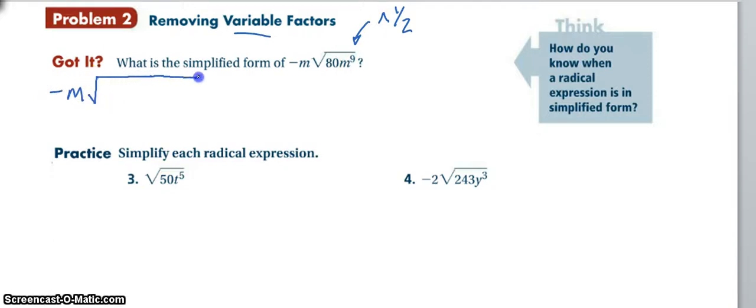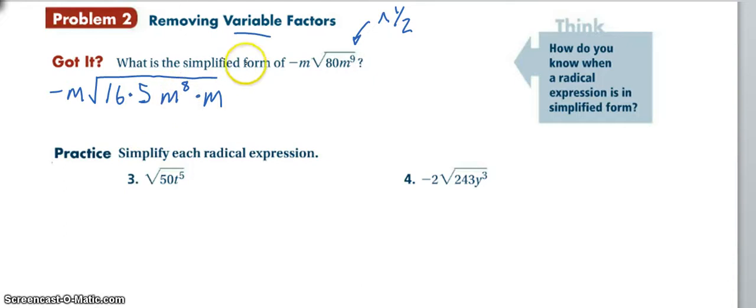Can we break that up into two factors that multiply to 80, one of which is a perfect square? Those factors would be 16 times 5, 16 being the perfect square. Then I can rewrite my m to the 9th as m to the 8th times m, just taking one of the m's away from the power.